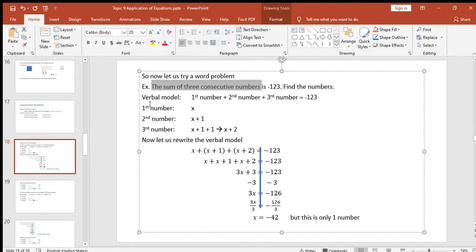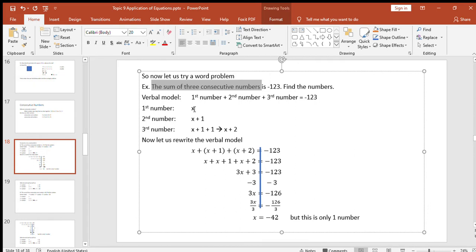Well, for the first number, let's say it's x. So x is our first number. The number next to it, the number higher than x, will be x plus 1.